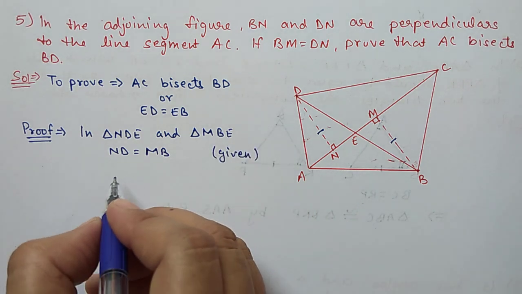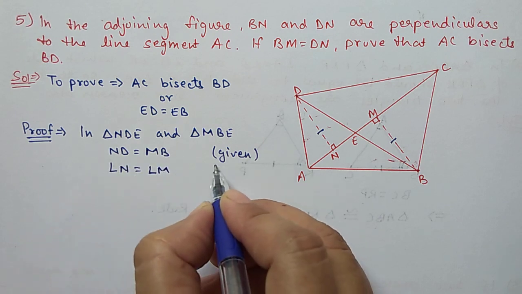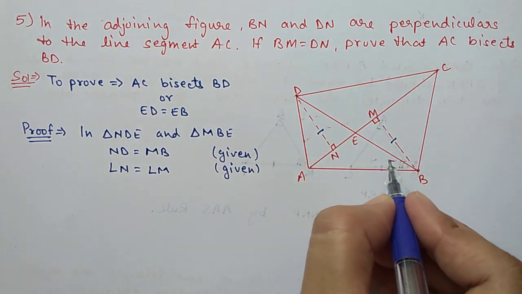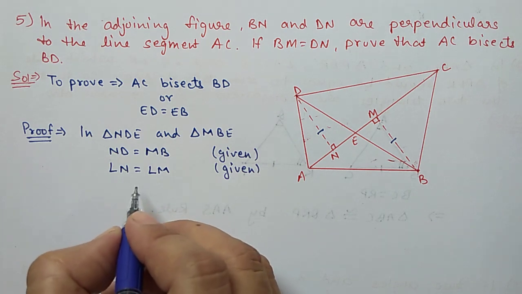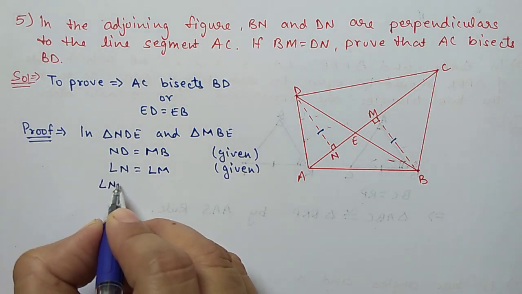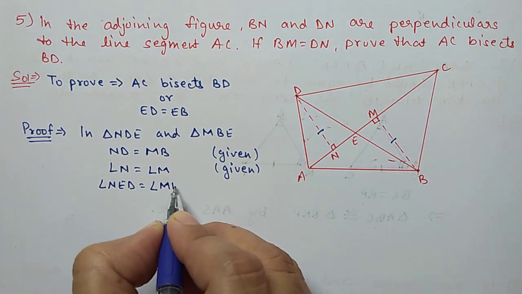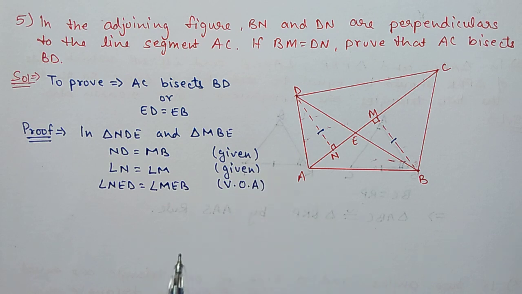Second, we can take angle N is equal to angle M. This information is also given because these two are perpendiculars here. Perpendicular means it will touch at 90 degrees. Third, we can take angle NED is equal to angle MEB. These are vertically opposite angles.